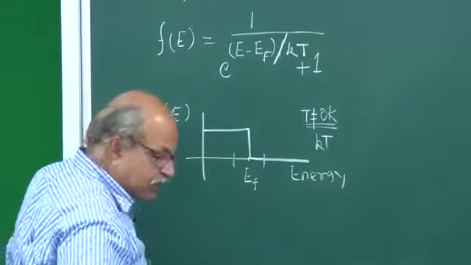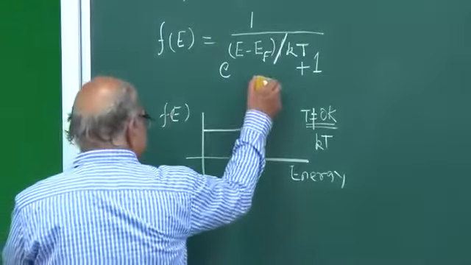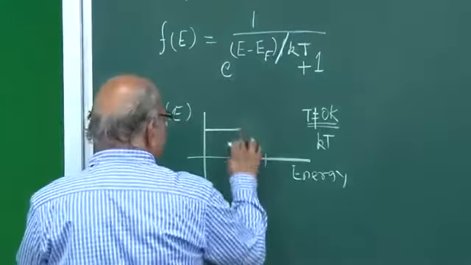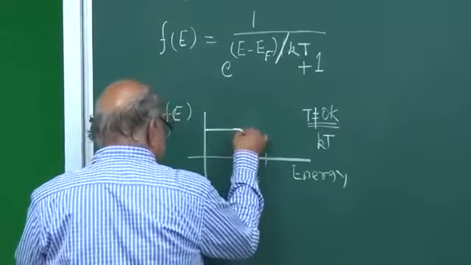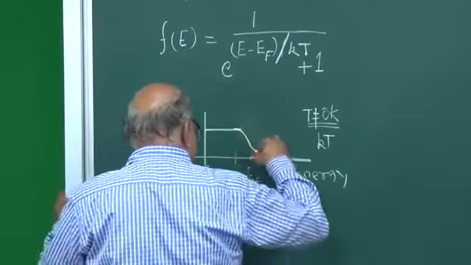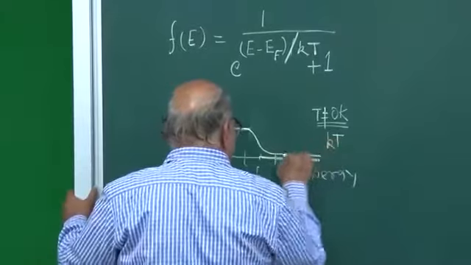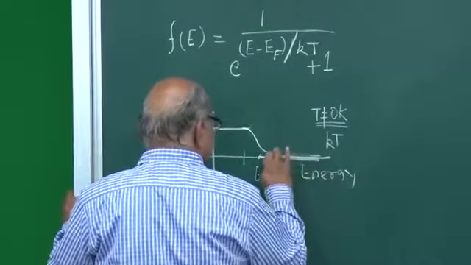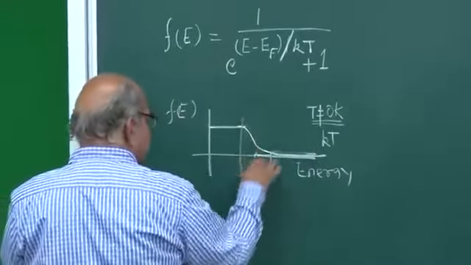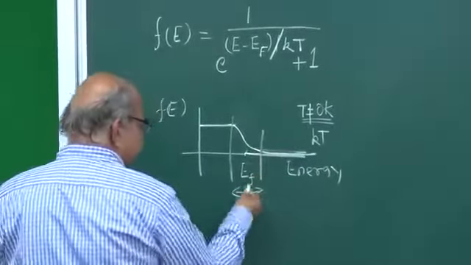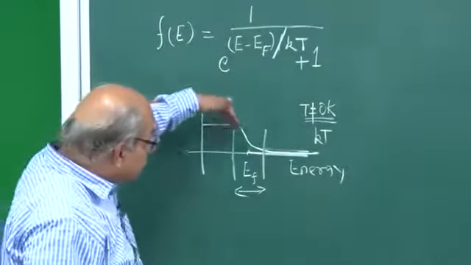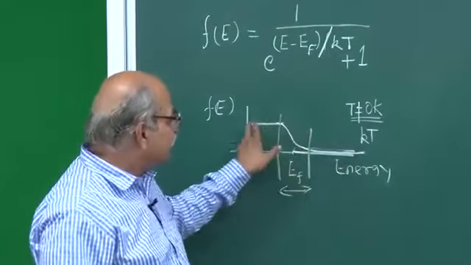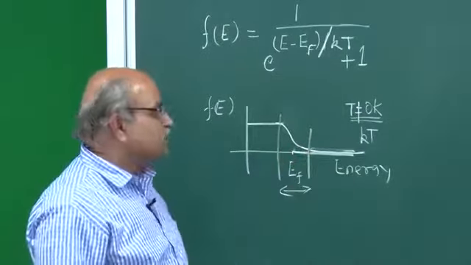If I redraw this, it looks something of this sort. Only in a small region, which may be 2-3 kTs, you can see there is a change. There is almost 1 here, almost 0 here, and in this part there is some change.